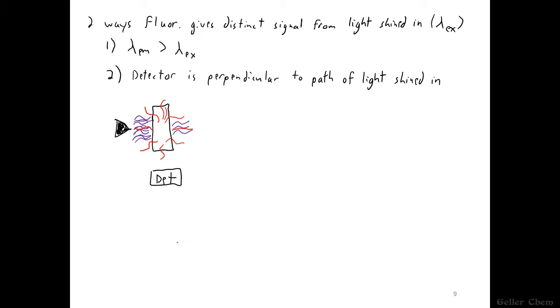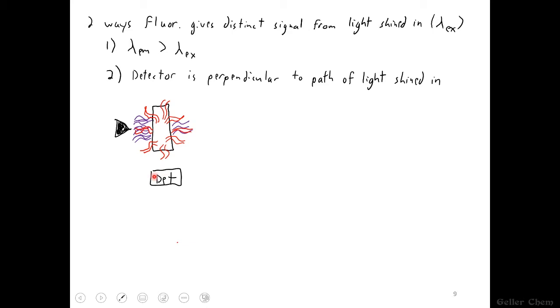Well, that will shine out twice as many red photons in every single direction, including towards the detector itself. And so it really doesn't matter that we're missing all of these other photons. What matters is that, as far as the detector is concerned, we're still counting twice as many photons as before when we double the concentration of our sample. So we can still absolutely relate the emission intensity of light to the concentration of our analyte.